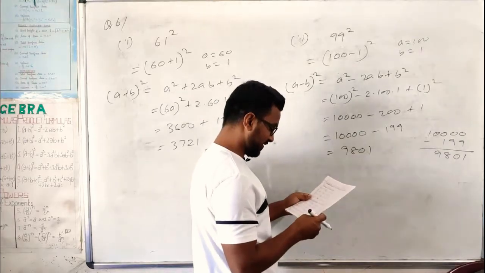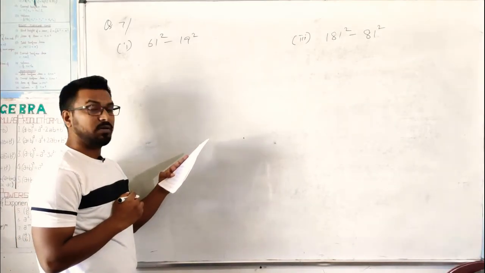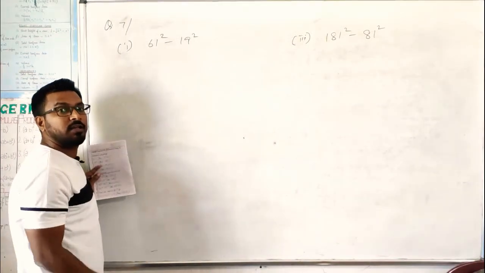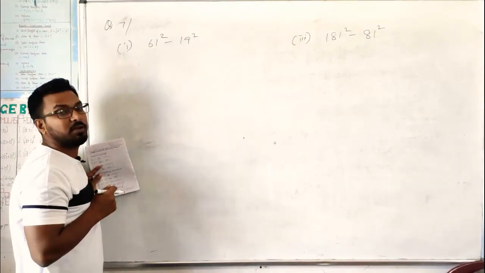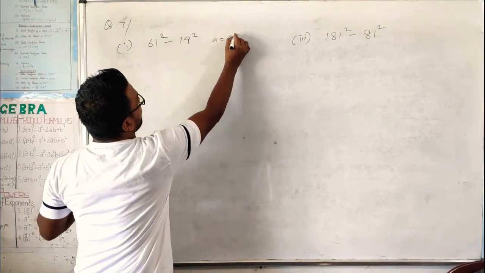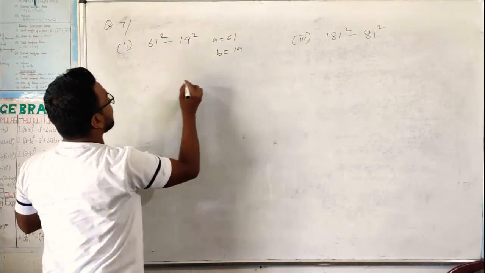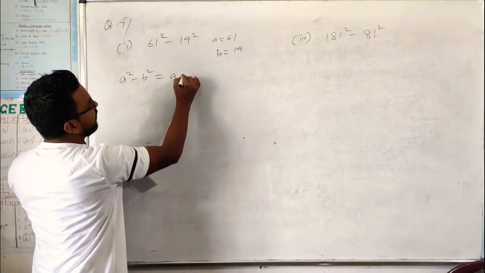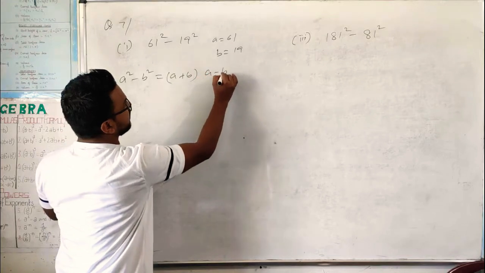Fine. Next question is given: simplify using identity. So here we will be using the third identity, the a square minus b square formula. Here a is 61 and b is 19. So the formula of a square minus b square is a plus b, a minus b.